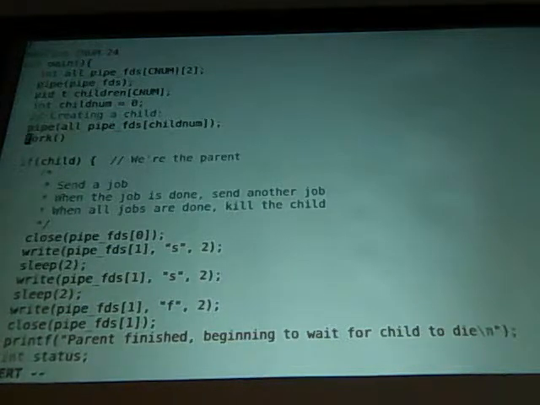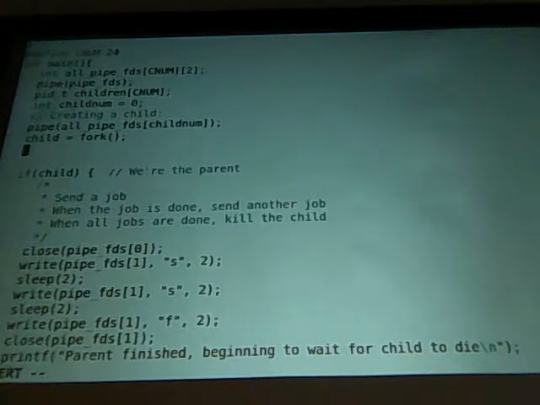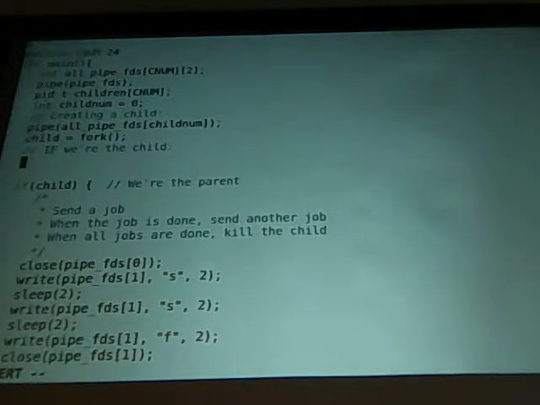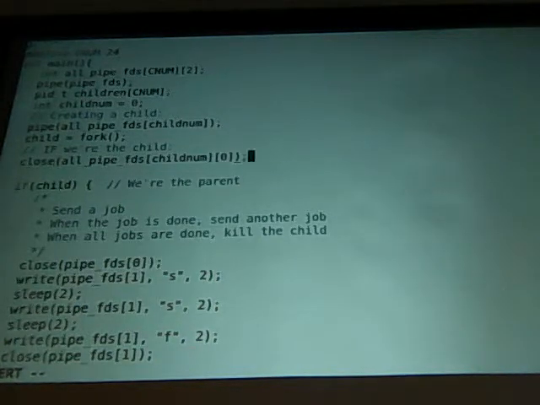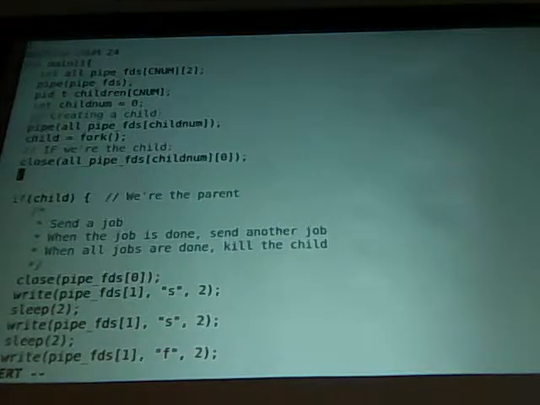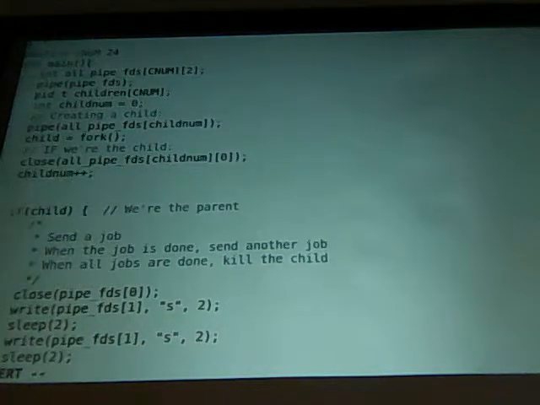And then, if we're the child, we have to, well, first of all, close file descriptor 0. That was the read in. And then we have to increment child num. And then we have to go make another. Okay. So all this stuff can be done. We're going to have to do our little if child thing here for if we're the child.